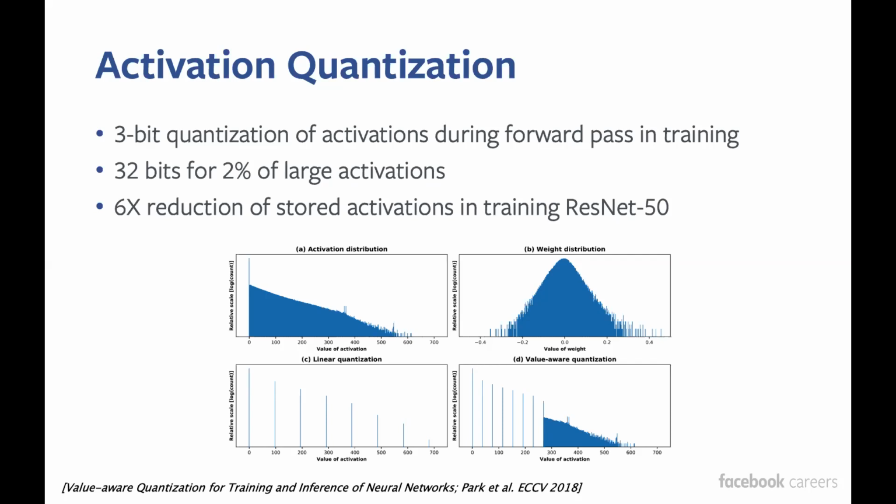Instead of quantizing the activations directly, you only quantize the activations up to a certain level. Those activations are represented using 3 bits, for example, and the rest you represent in full 32-bit floating point representation. Because the higher the value, typically the more information it carries, so you can retain more information while doing the training.